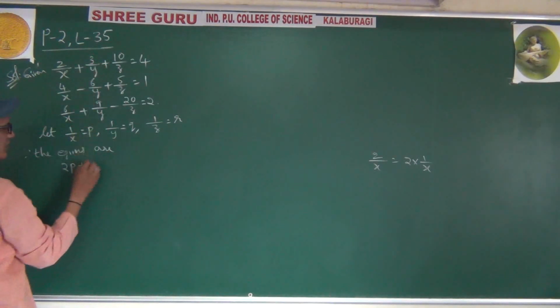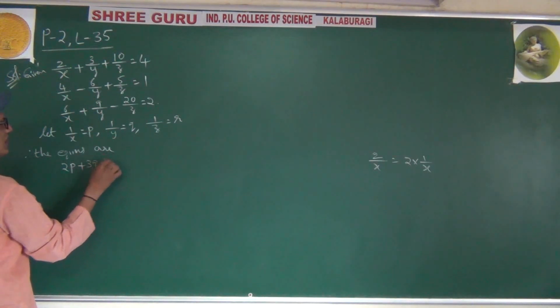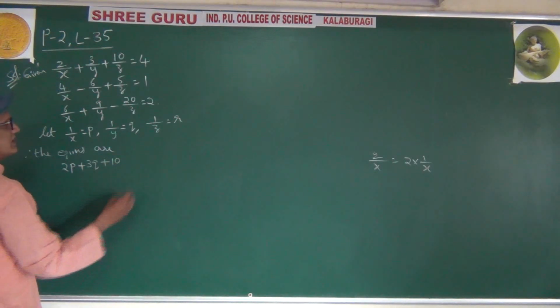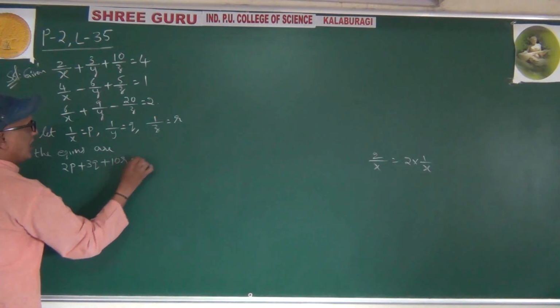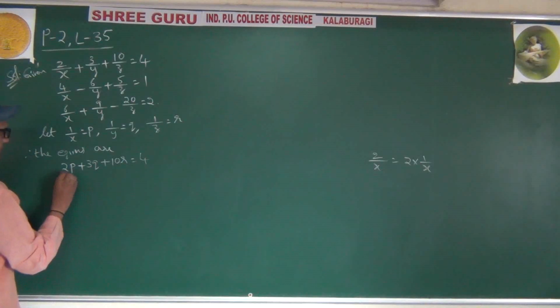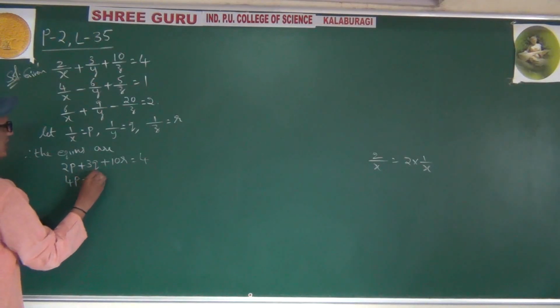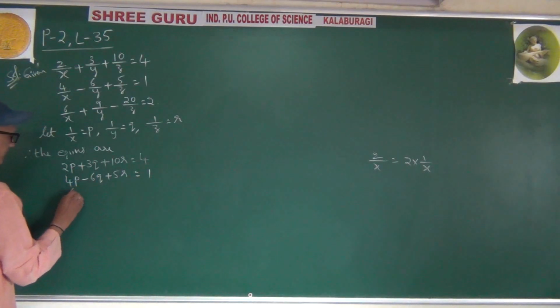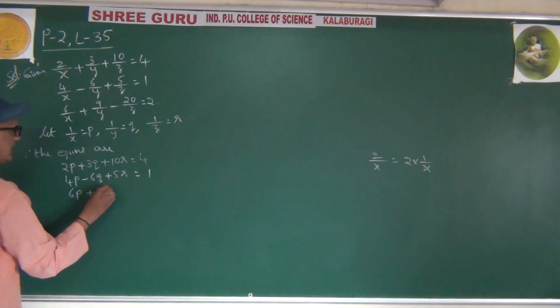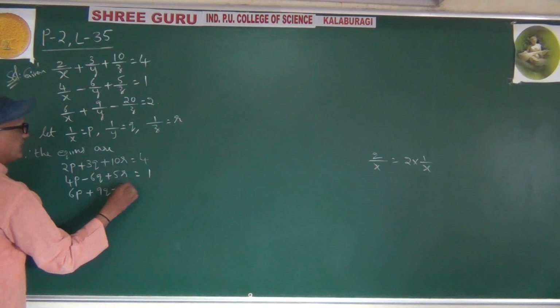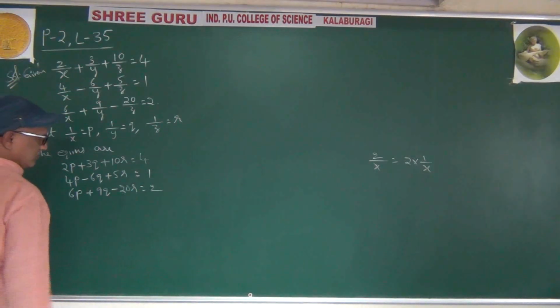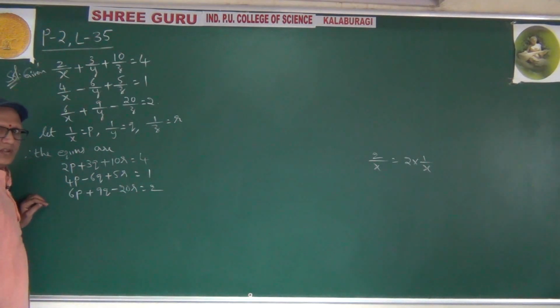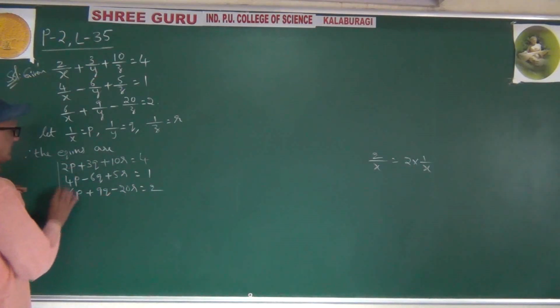Next, what it becomes? 3q plus 10 into 1 by z, 1 by z means what? r, equal to 4. Same like that, 4p minus 6q plus 5r equals to 1. 6p plus 9q minus 20r equals to 2. Right? This is the question.